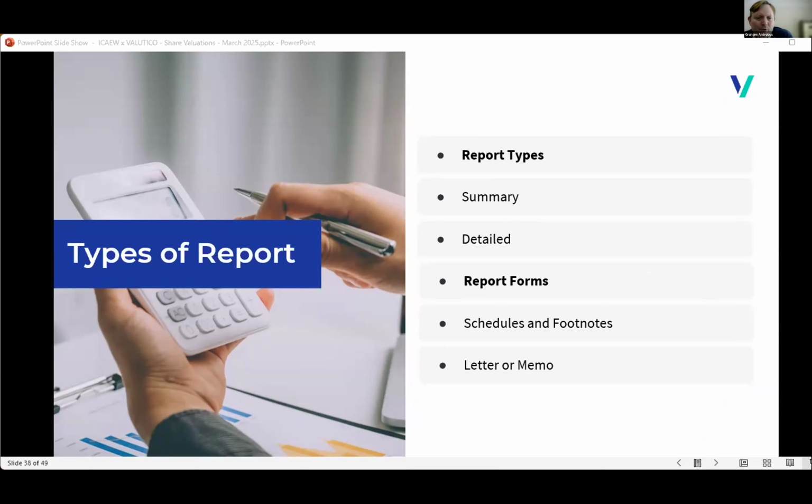And then there's detailed reports, which are typically better for tax-driven purposes, litigation purposes or compliance purposes. And also just to draw attention to the fact that formats will include formal reports with schedules and footnotes, or they could be more concise letters and memos. So there is a bit of variability over how we might decide to report to our clients.